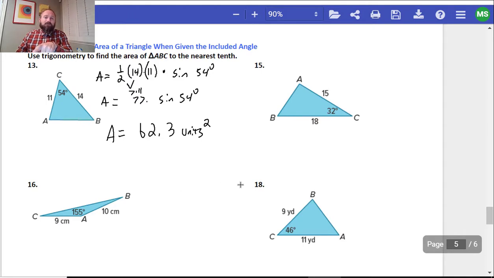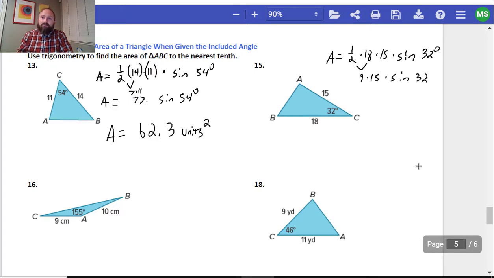We'll actually do one more. Why not? So let's do this. Oh, I misnumbered this. Let's do number 15 right here. So once again, the area is equal to 1/2 of one of the legs times the other leg times the sine of 32 degrees. Okay, well, this becomes 9 times 15 times the sine of 32.